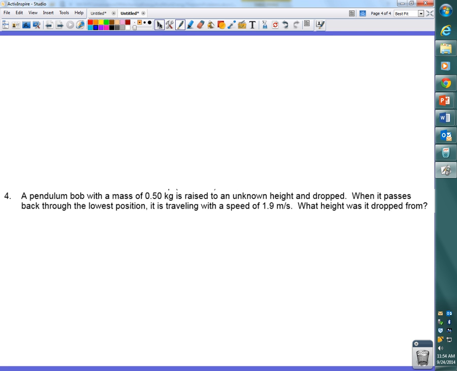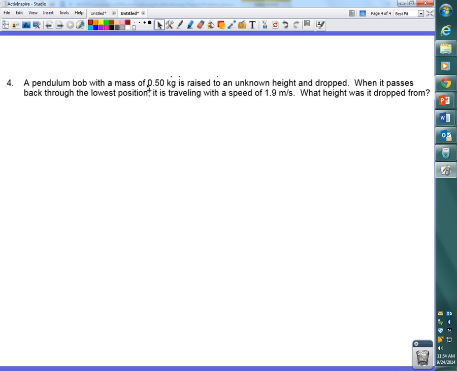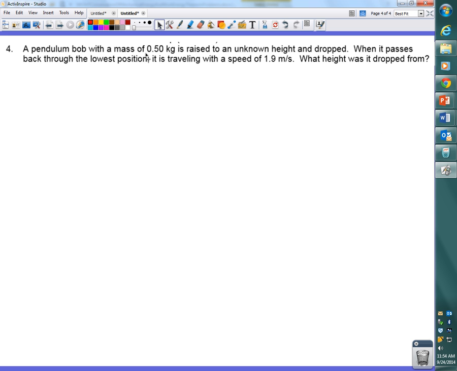Okay, so question number 4 says, a pendulum bob with a mass of 0.5 kilograms is raised to an unknown height and dropped. When it passes through the lowest position, it is traveling with a speed of 1.9 meters per second. What height was it dropped from?